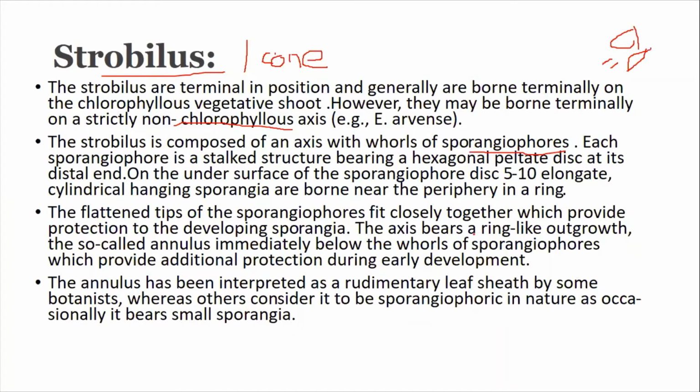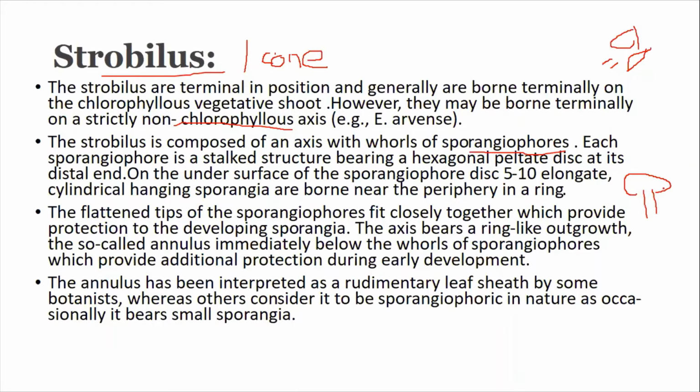So each sporangiophore is a stalked structure bearing a hexagonal peltate disc. At the end I will show you a picture here. It consists of a stalk, and on top of the stalk there is a disc. This we call a hexagonal disc. This disc has 6 faces.